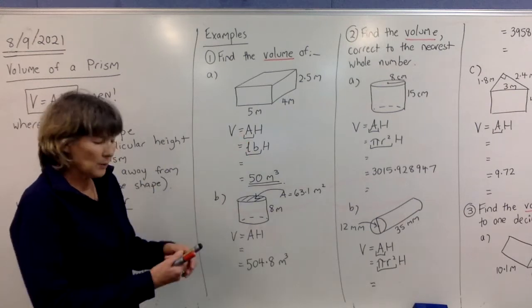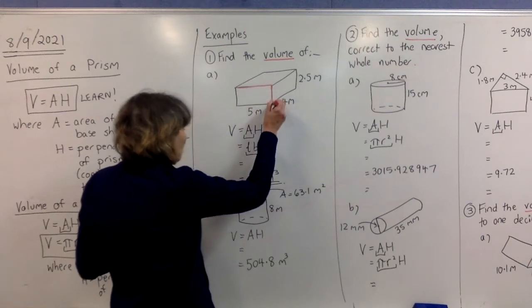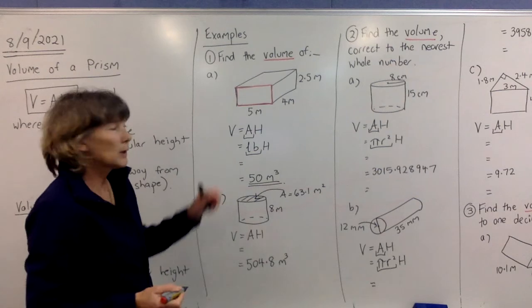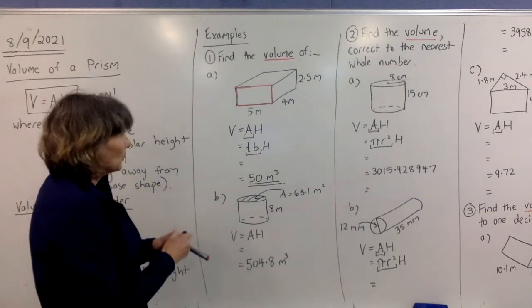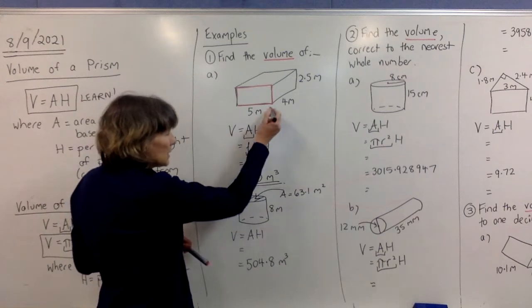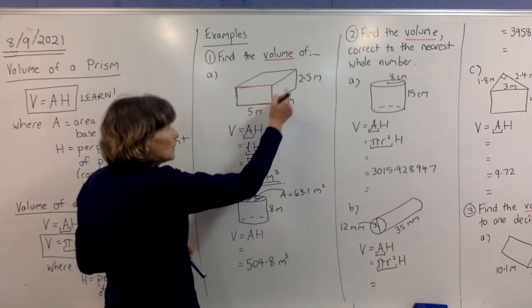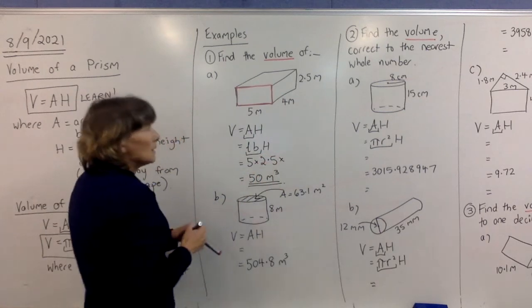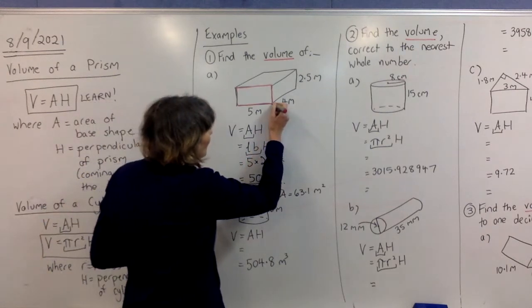In place of A, we're going to put the area of the base shape. Now our base shape at the moment is a rectangle. Okay, so we're going to put A equals LB in that spot. Now we can put in our length of our rectangle times our breadth of our rectangle, which is 2.5, times, now the height, remember, is coming away from the rectangle.